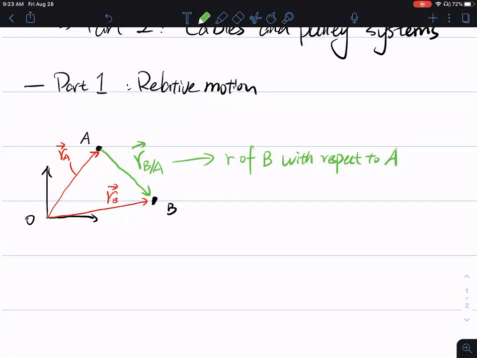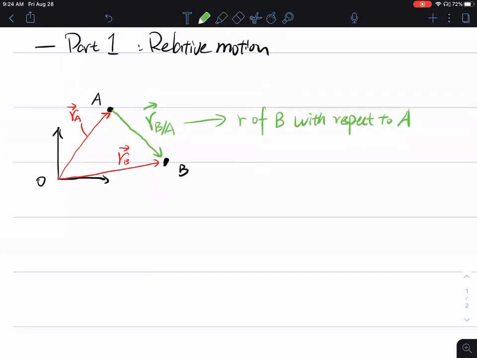Since this is a position of B with respect to A, that's why we have this B/A, right? RB/A and RA/B are totally two different things. Don't mix them up. RB/A only means it's a position of B with respect to A. What if I have another vector that is RA/B? That means it's a position vector of A with respect to B. Okay, keep that in mind.